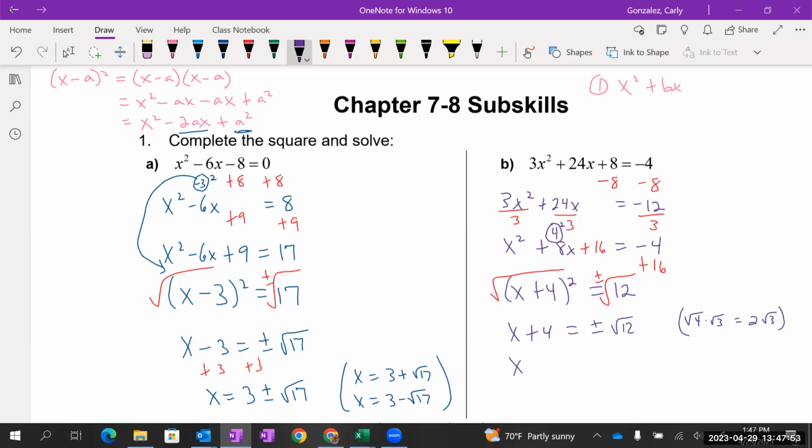And so we get x plus 4 equals plus or minus 2 rad 3. Again, I will now subtract the 4 over, but we cannot combine the 4 and the 2 because the 2 is just the coefficient in front of the square root of 3. So we get x equals -4 plus or minus 2 rad 3.